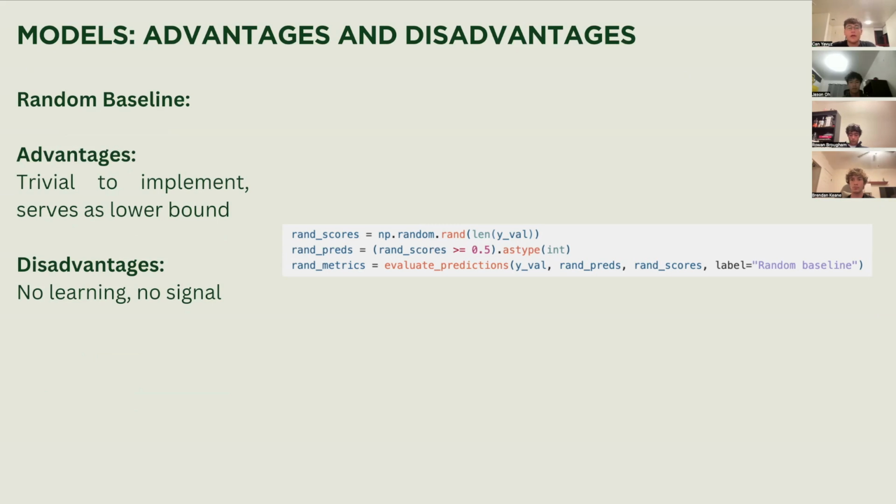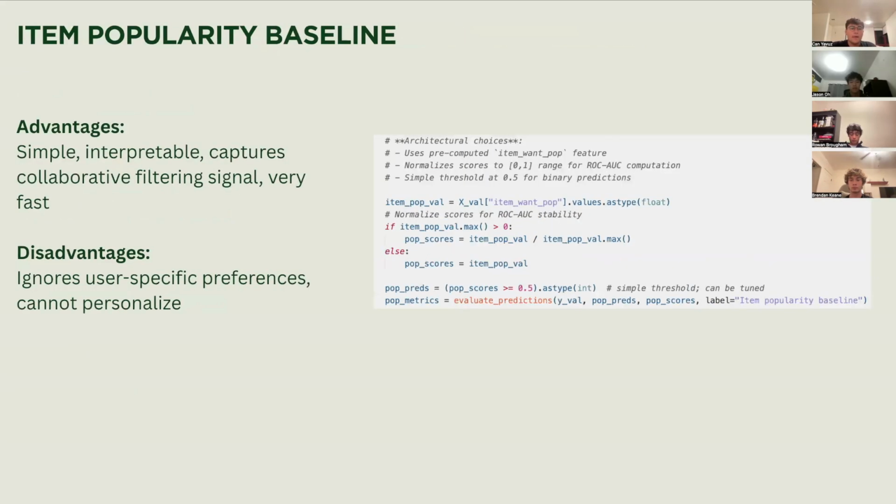Why this result matters is because it ensures that our other models provide real predictive power, and the random ROC AUC of 0.5 confirms that there's no ranking ability because it's a random baseline. And the advantages and disadvantages are listed on the slide.